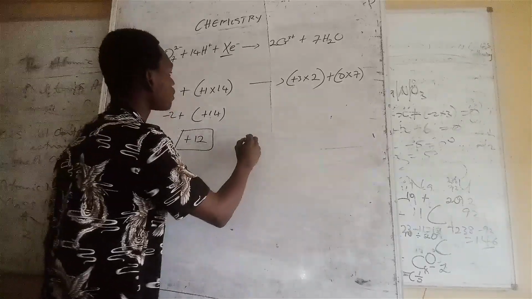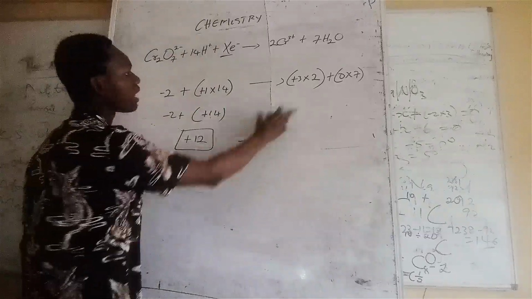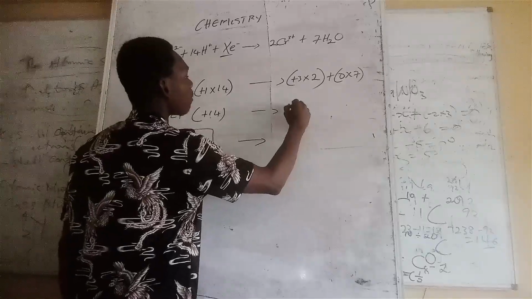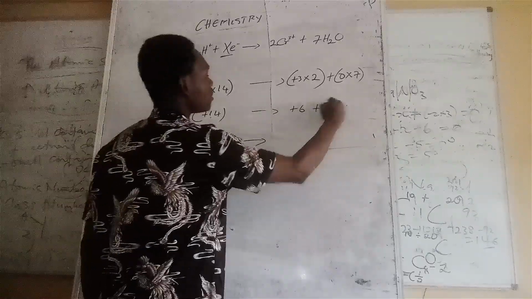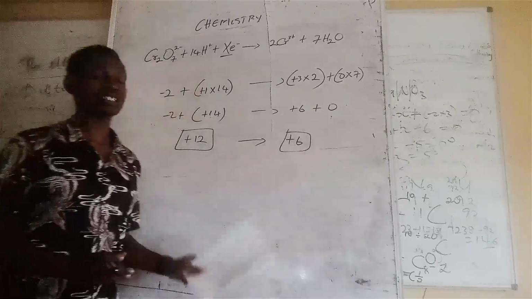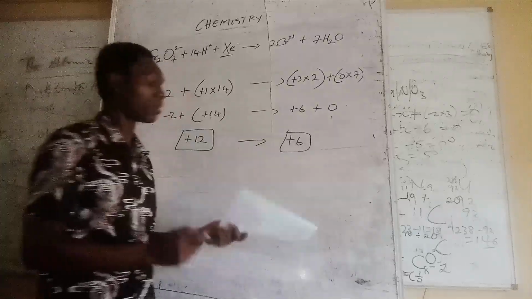While on the product side, what charges can we see? This gives us +6, right? +0, and sums up to +6. So on the reactant side, we have +12. On the product side, +6.